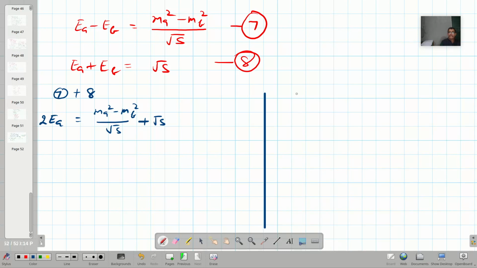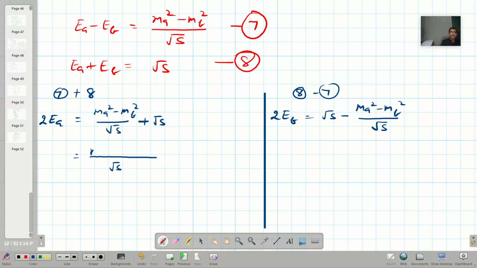And if I apply 8 minus 7, then EA will cancel out, and twice of EB will be equal to root S minus MA square minus MB square upon root S. So let me simplify this part, and the LCM will be root S. It is MA square minus MB square plus S, right?